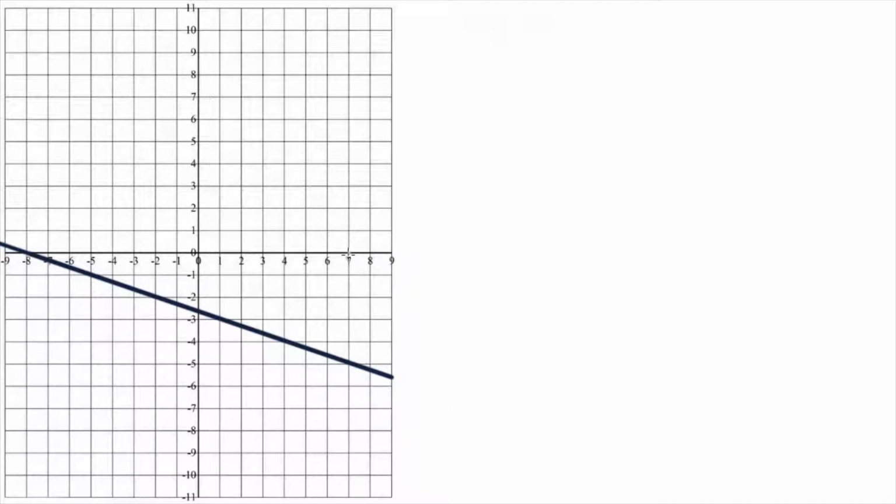So we're going to take this coordinate here, which is (7, -5). And we're also going to take this coordinate here, which is (-2, 2). Our two coordinates are (7, -5) and (-2, 2).